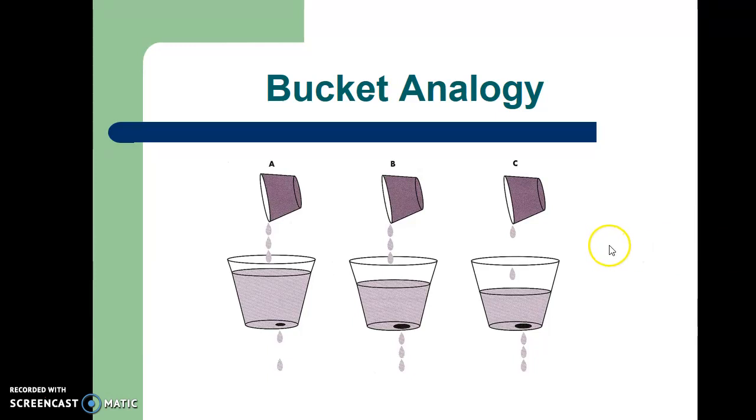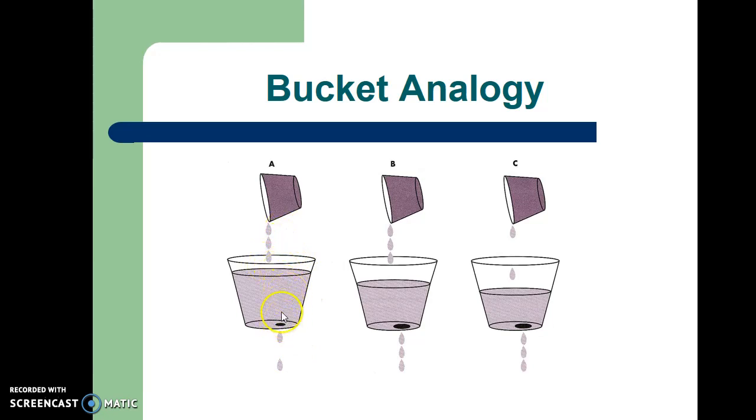So, in this bucket analogy, for the bucket on the left, we are giving 3 drops. So this is maybe administering 3 amounts, let's just say, of a drug into this bucket, which is the animal's body. But only 2 drops are leaving in the same time frame that 3 goes in.